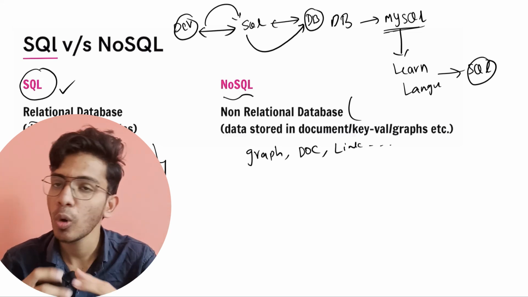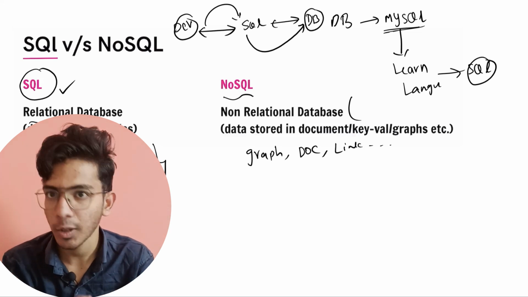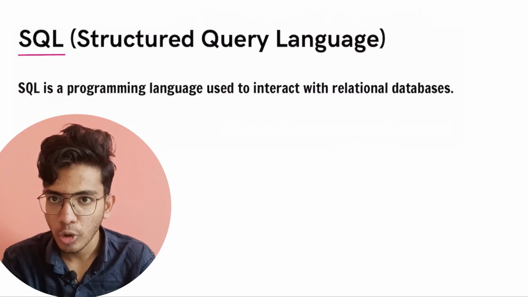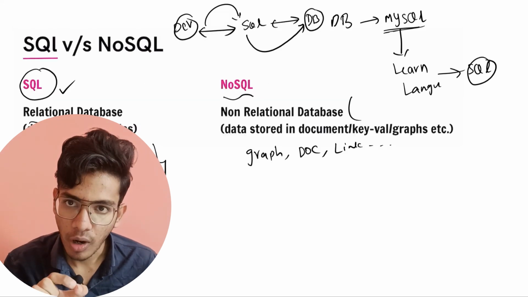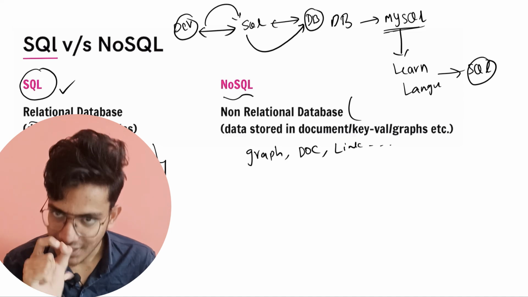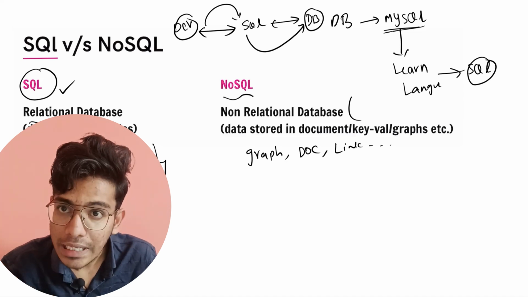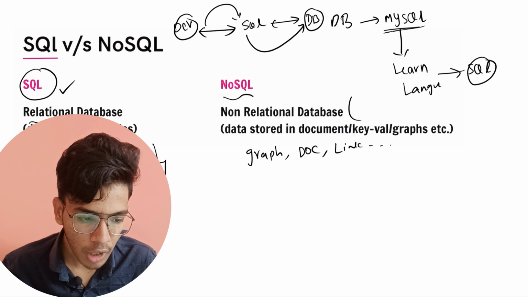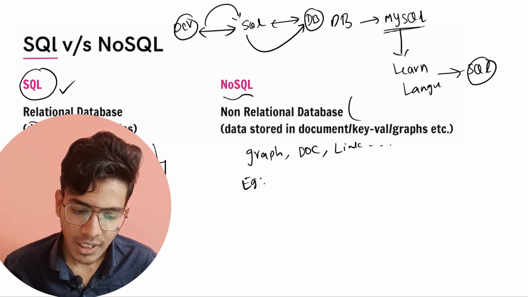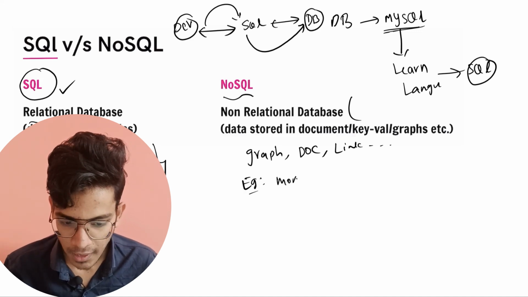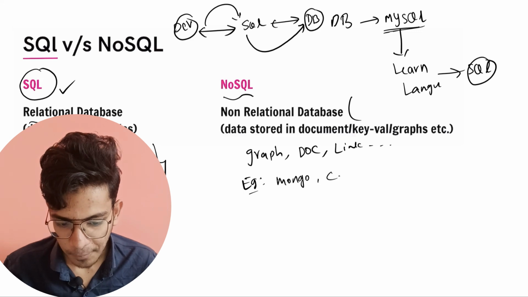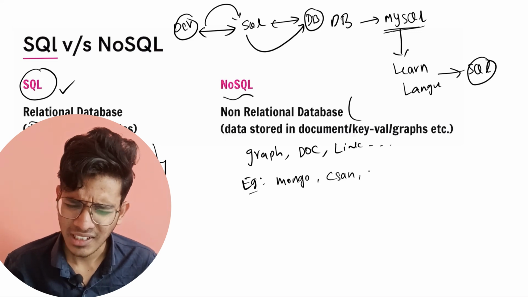Like this we can store data in different formats, but in this case we are not storing our data in the form of tables. This is the meaning of non-relational database, and examples of non-relational databases are MongoDB, Cassandra, right? And there is another one called GraphQL, something like that.